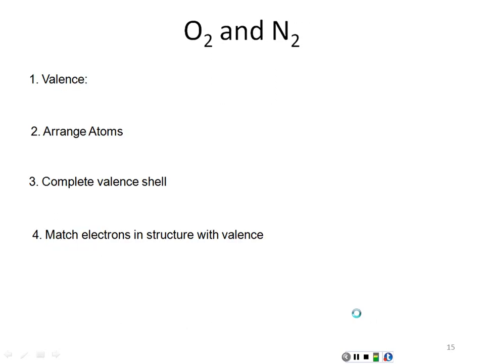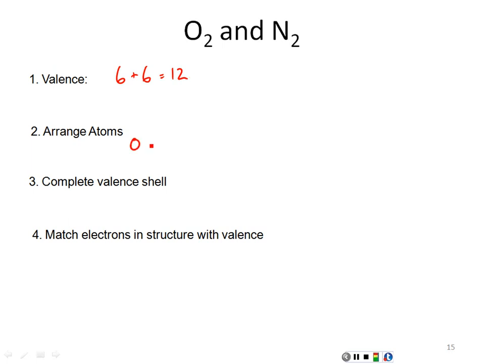Okay, let's look at O2 and N2. Let's try to work through these. So for the valence electrons for O2, each oxygen has 6 electrons. There's 2. So we're going to have a total of 12 valence electrons.